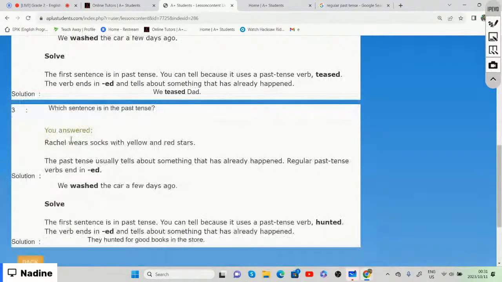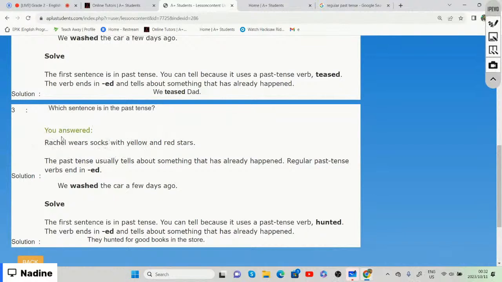So Rachel wears socks with yellow and red stars. And remember with regular past tense verbs, we either just add the ED or the D.